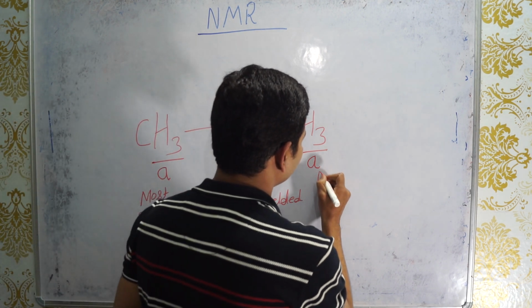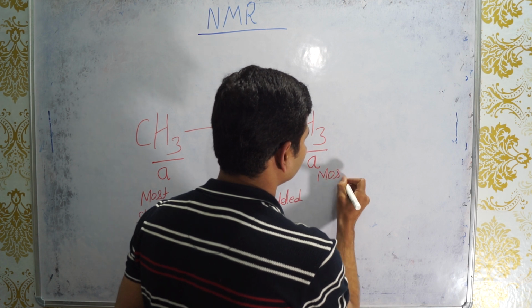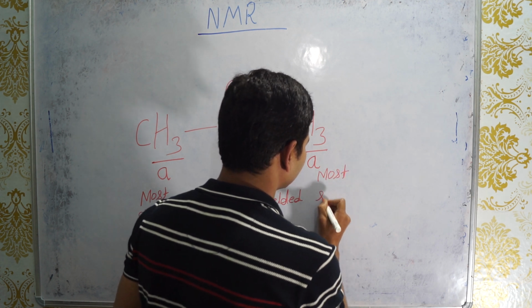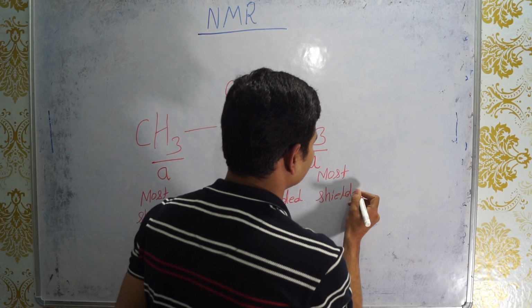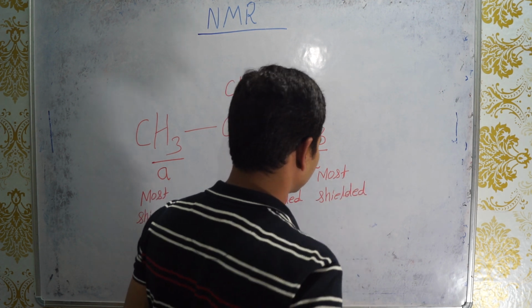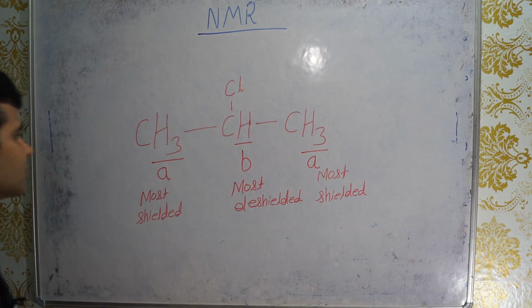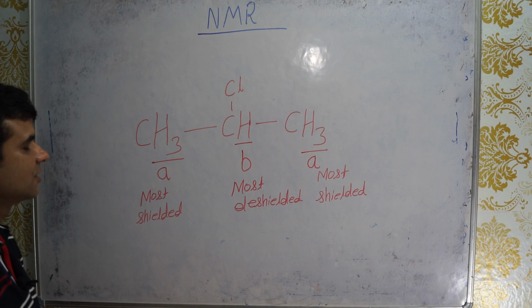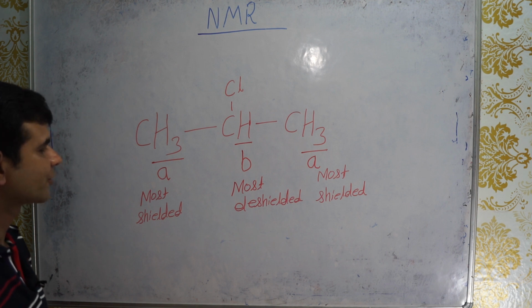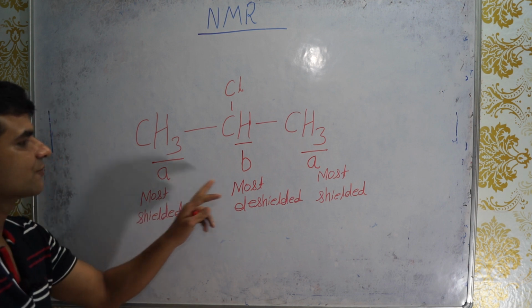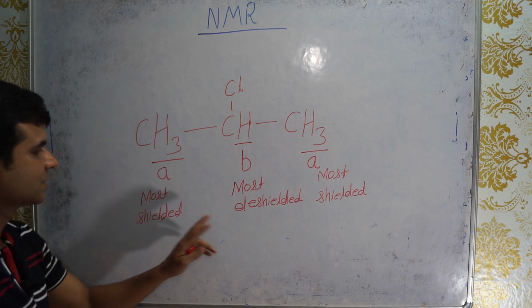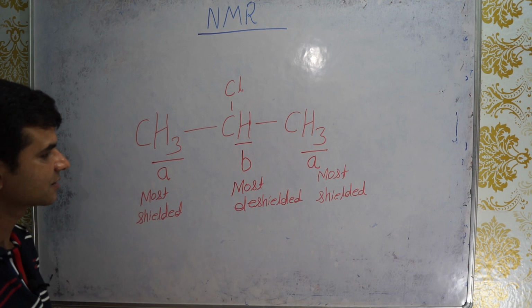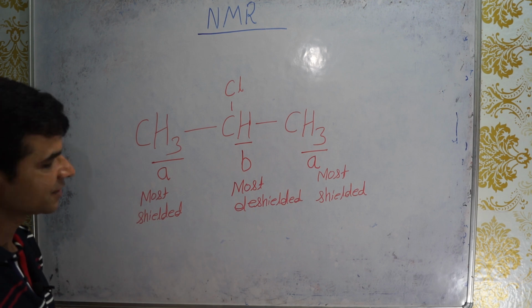Finally, we have reached the conclusion that 2-chloropropane has two types of hydrogen atoms. One is in the most deshielded form and another is in the most shielded form.